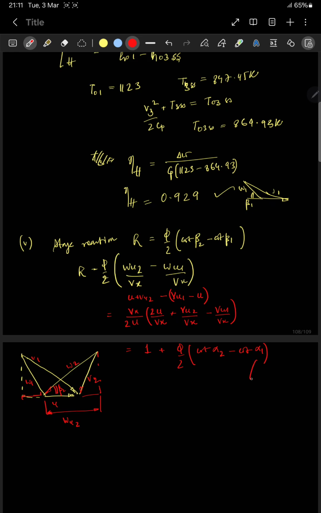So alpha 1 is 20 degrees. Okay, this is 90 degree. So this is 0.